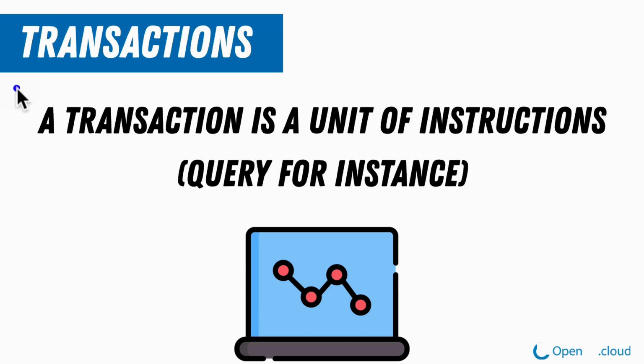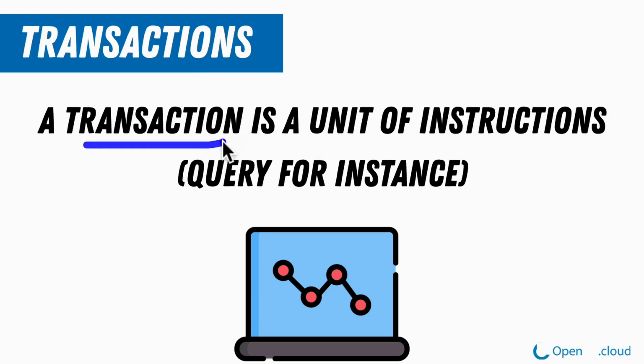That's where we look at transactions. Transactions are a unit of instructions. With transactions, basically what we're trying to achieve is a unit of instructions that is going to run in isolation and not affect the state of the database until it's done.